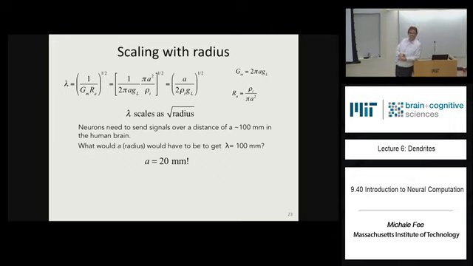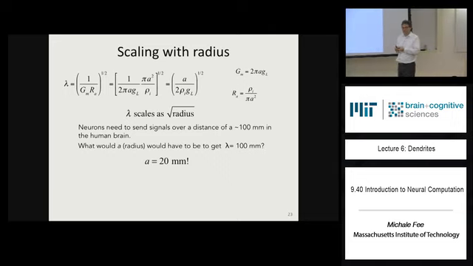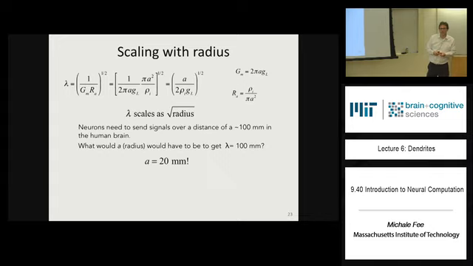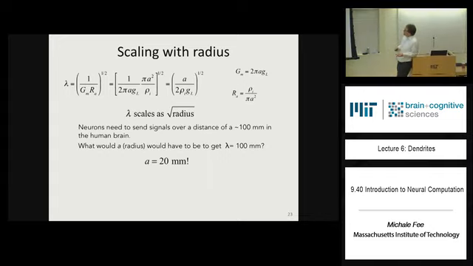Okay? So that's why the brain doesn't use passive propagation of signals to get from one place to the other. It uses action potentials that actively propagate down axons. Okay? Pretty cool, right?